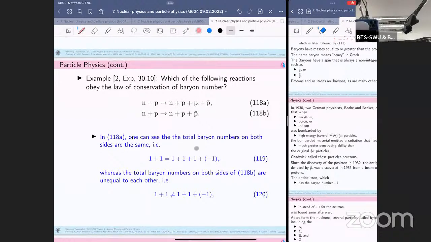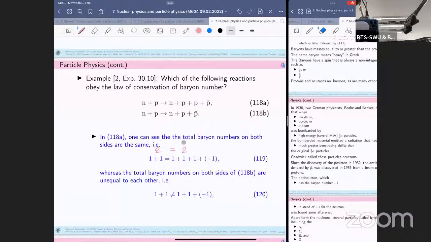The second proton is also baryon. We write down number 1, and here is the anti-proton. So it is -1. And you could see that the summation here is number 2, right? We have number 2 on the right hand side, and we have also the number 2 on the left hand. So this process is balanced in terms of baryon number because 2 is equal to 2.